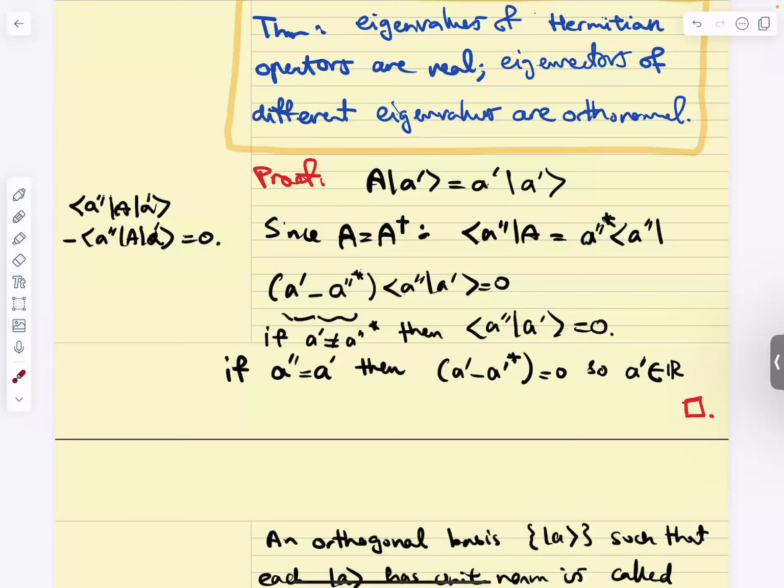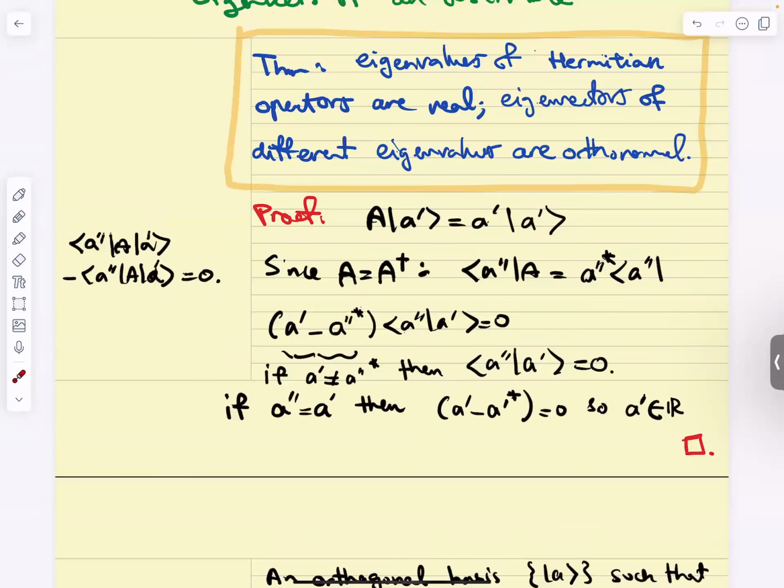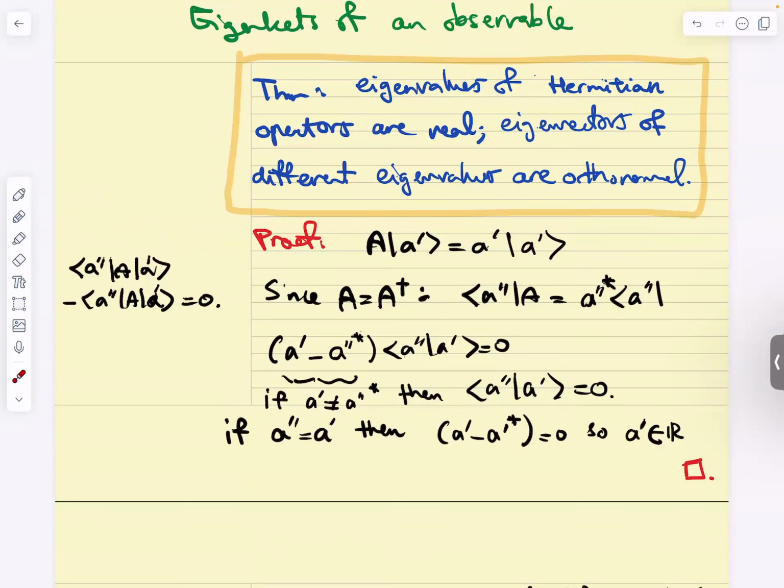So in summary, what we learn is that eigenvalues of Hermitian operators must be real. That's statement number 1. Statement number 2, the eigenvectors that correspond to different eigenvalues are orthogonal for Hermitian operators. In this story, it was essential that they are Hermitian operators.